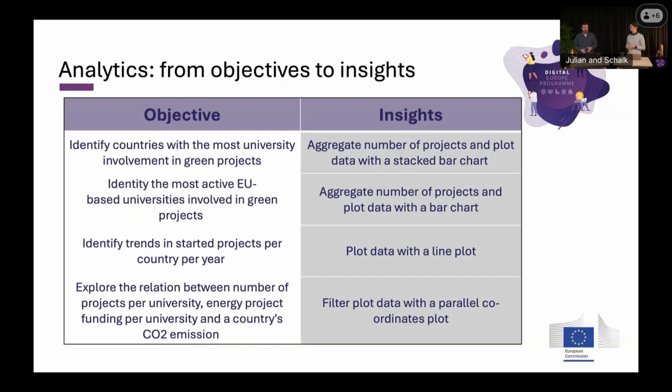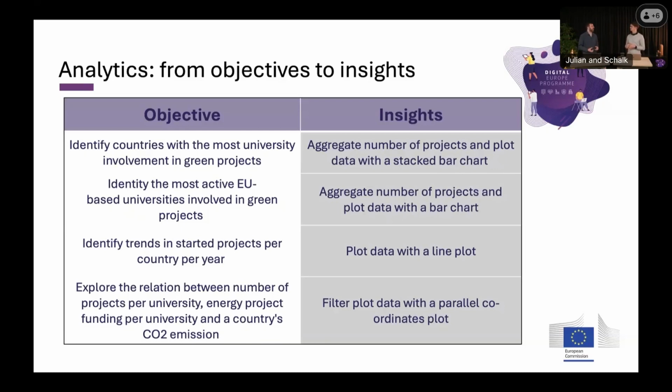And one thing that also can be very relevant and also helps us to understand the data much better is exploring relations between different columns in our data set. So in our case, the objective would be that we want to find out the relation between the number of projects of the universities, the total cost of these projects where these universities were involved in, and also the country's CO2 emissions, so the country of the university.